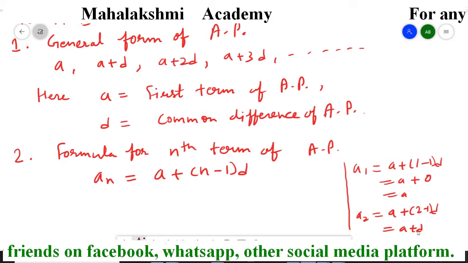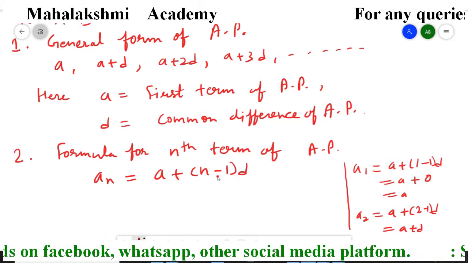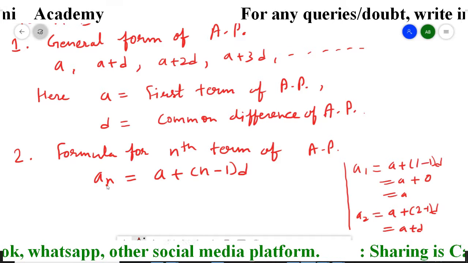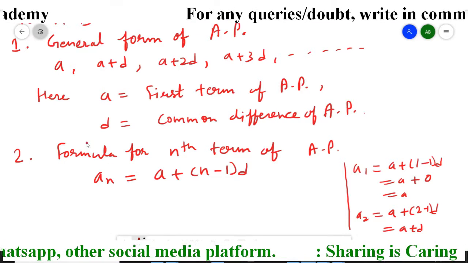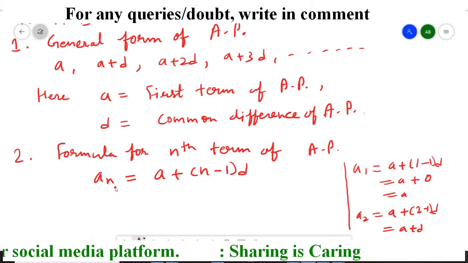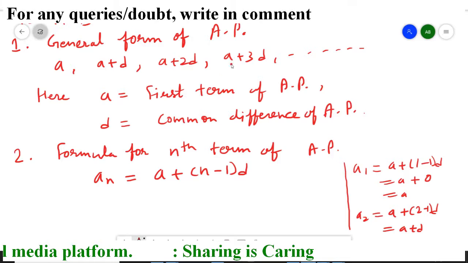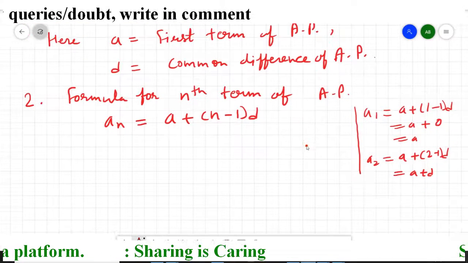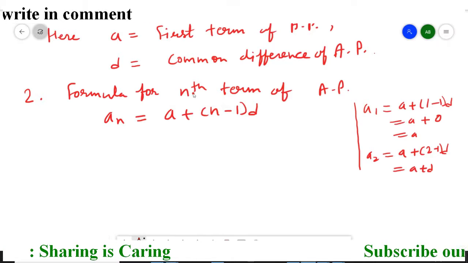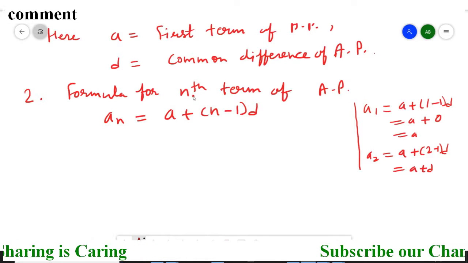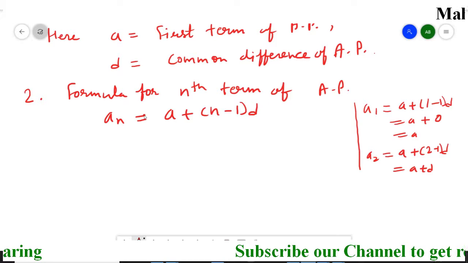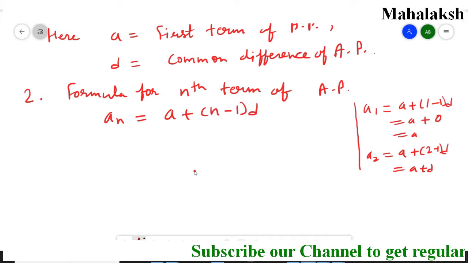In this formula, if you replace n by 1 you get the first term, if you replace it by 2 you get the second term, and in the same way if you replace it by 3 you get the third term, and so on. So this is the general formula for the nth term of an AP. The nth term can be first, second, third, fourth, fifth, 100th, 200th, any term, whatever they want in the question. According to that, we will replace n.